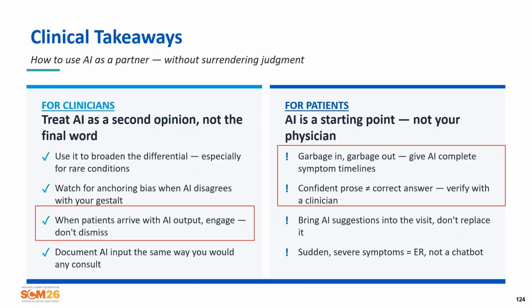Please let me know if you have any questions, because when patients arrive with AI output, you need to engage and not dismiss, okay? But if patients just blindly ask the AI, they're not going to get great output. So patients also need to confirm with the providers.